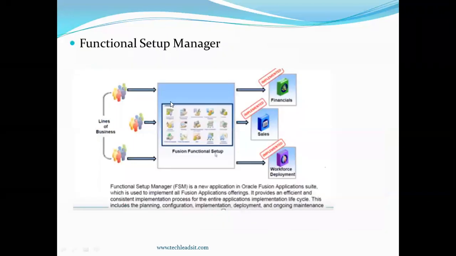Here, something we do have is a special component in our Fusion applications, the Functional Setup Manager. When you compare with our on-premise application, the Autovell system, if a business wants to implement a complete procure-to-pay cycle, or order management, or order-to-cash cycle, how are they implementing it in the Autovell system?